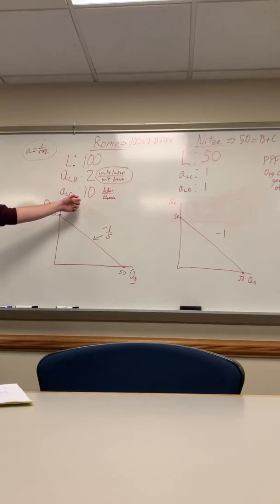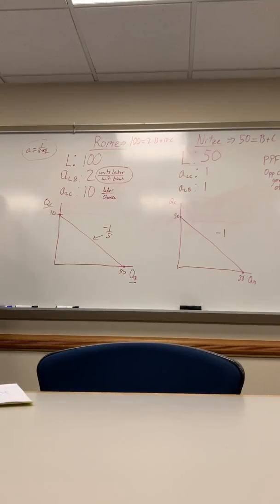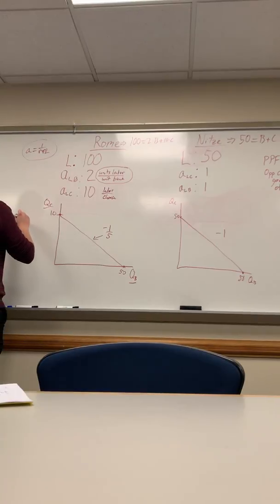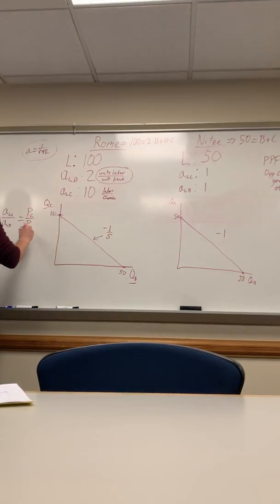So we can look here, right? And we can also say in terms of pricing, we can say that ALC over ALB equals PC over PB.